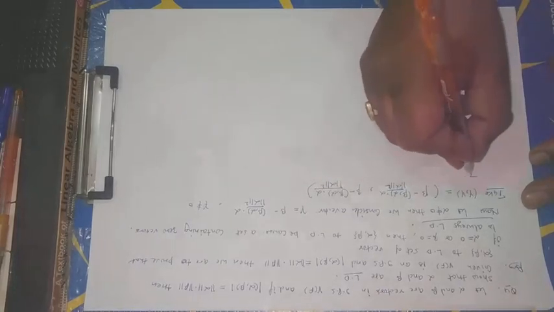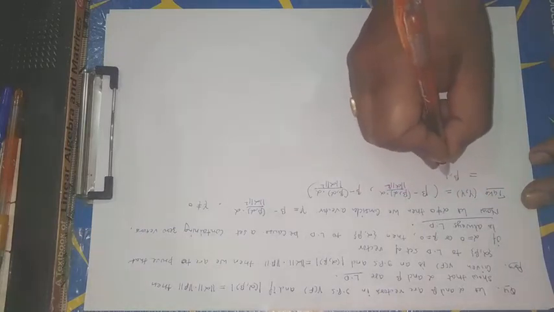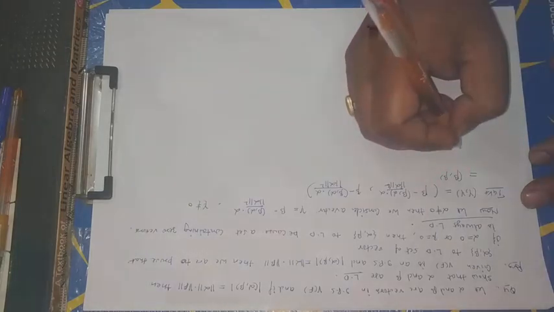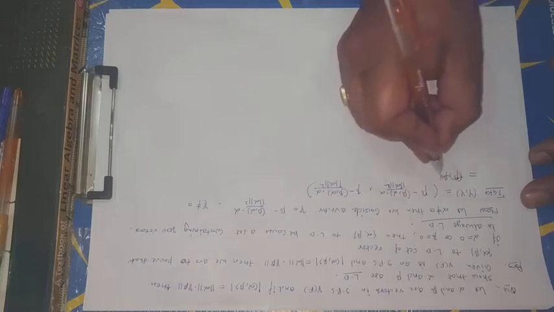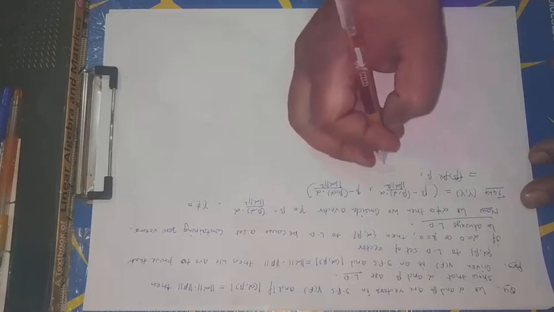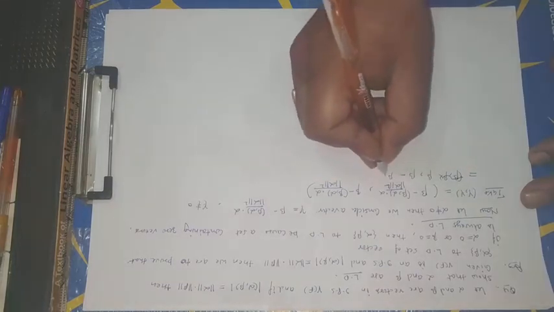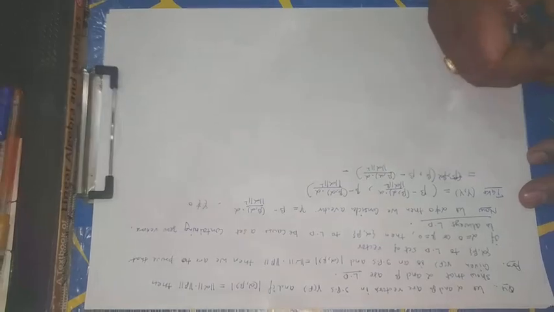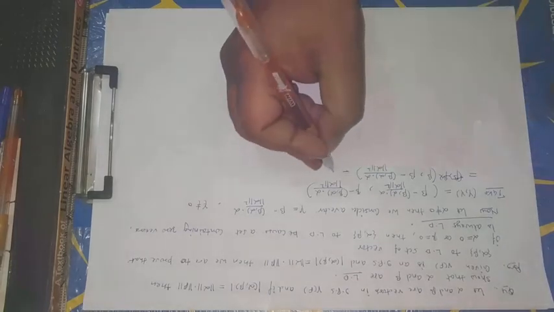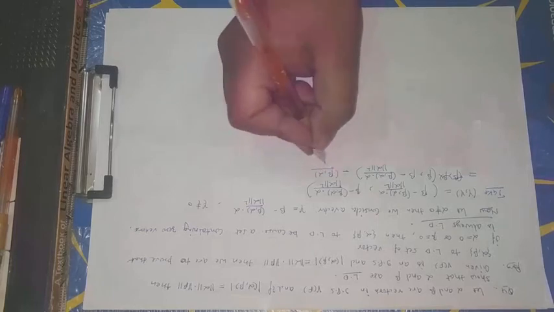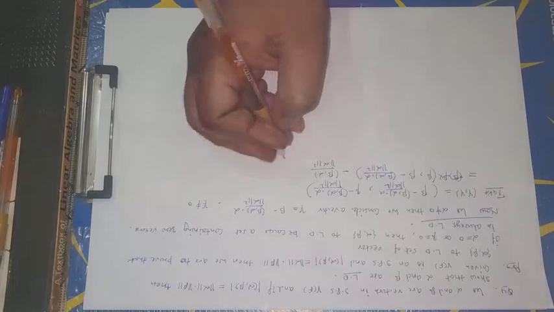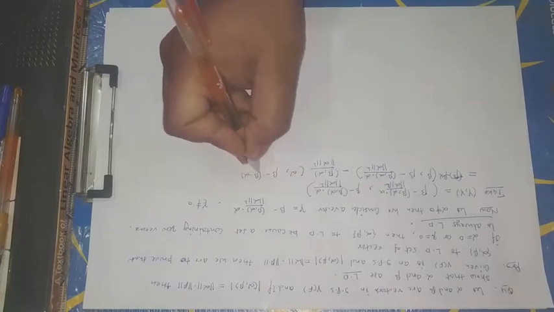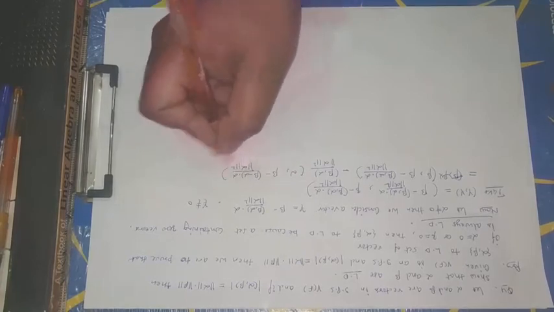Okay, this is equal to beta inner product with beta minus beta inner product alpha into alpha upon alpha norm square, minus beta alpha upon alpha norm square inner product alpha with beta minus beta alpha into alpha upon alpha norm square.